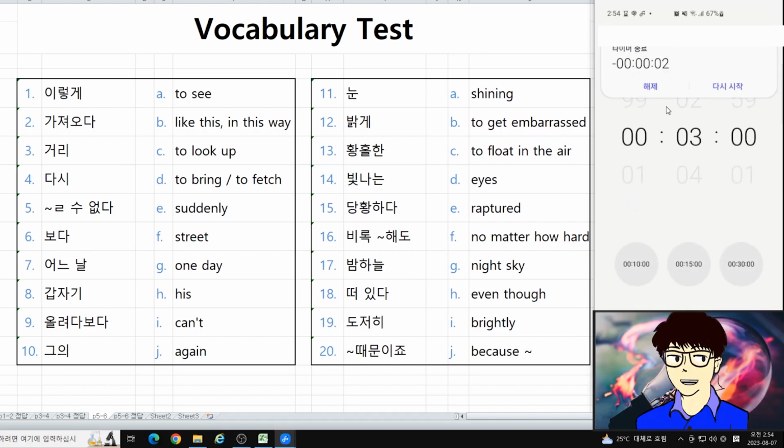Okay, it's over. Now, compare your answer sheet to the correct answer.